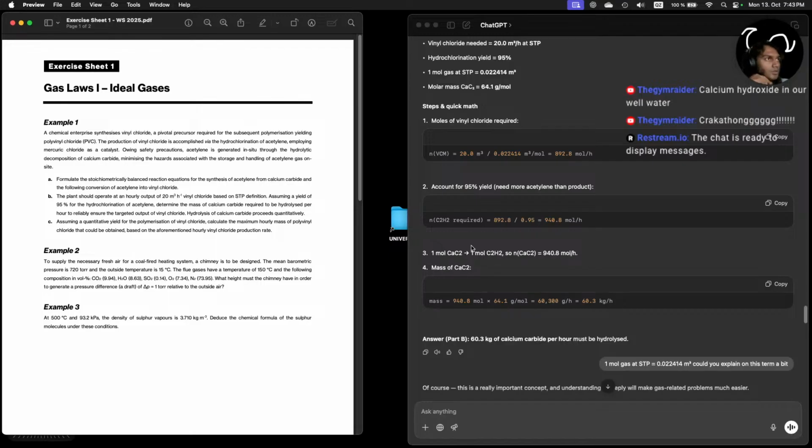Therefore, number of moles of acetylene times molar mass of calcium carbide.